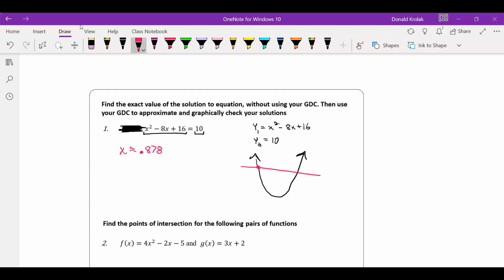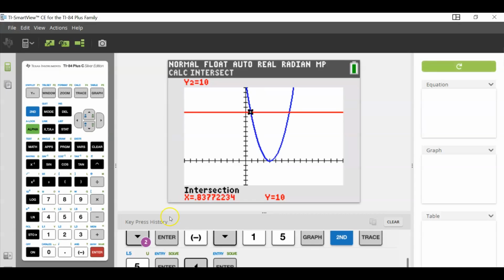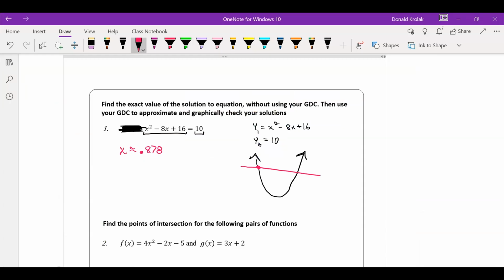Oh, 838, not 878. 838. And now just do it again and get the other root.